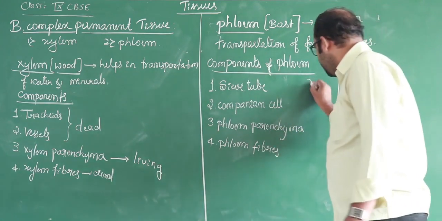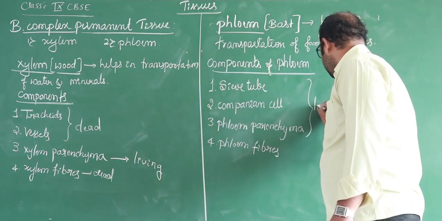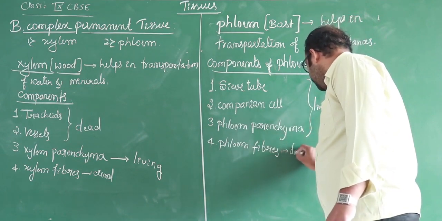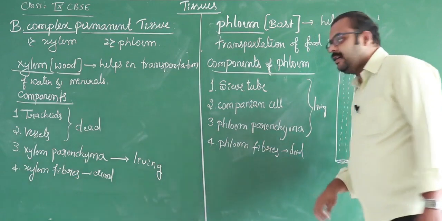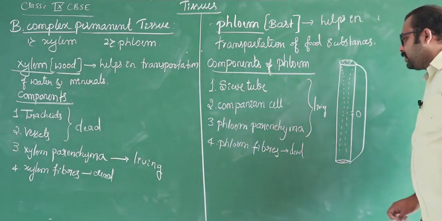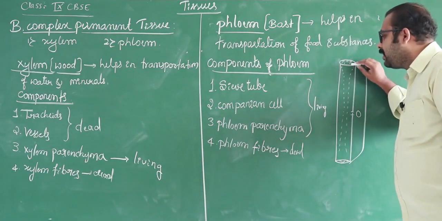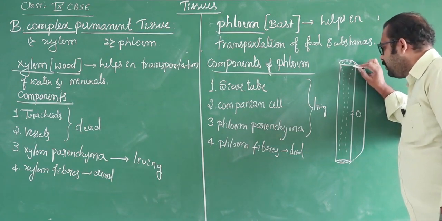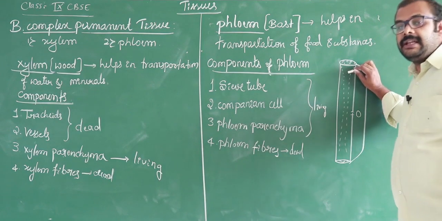Among them, these three are living components, and fiber is a dead component. Here sieve tubes are living plant cells. They do not have any nucleus, so they are enucleated.